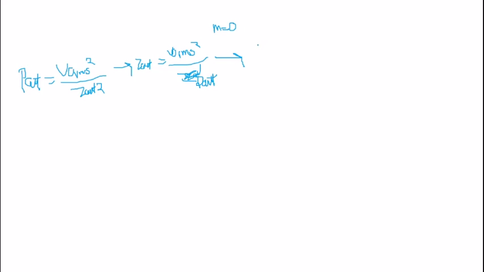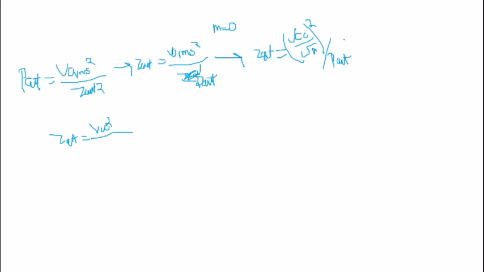Rearranging this, Z output equals VCC divided by root 2, obviously because it's an RMS value, all divided by the power of the output. And finally here we find that Z output equals VCC squared.